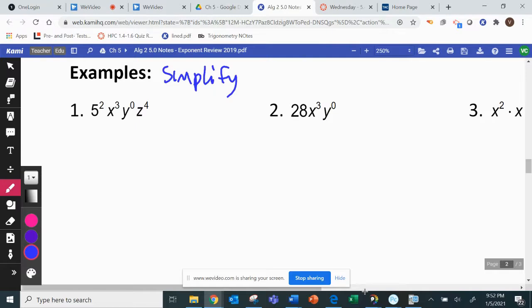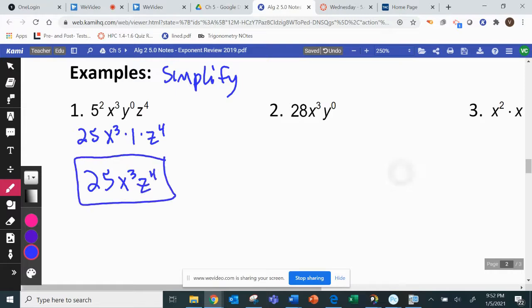So 5 squared would be 25, x to the 3rd, y to the 0 is 1, and then z to the 4th. I'll have 25, x to the 3rd, z to the 4th. Number 2, y to the 0 is 1. So 28, x to the 3rd. Simplified.